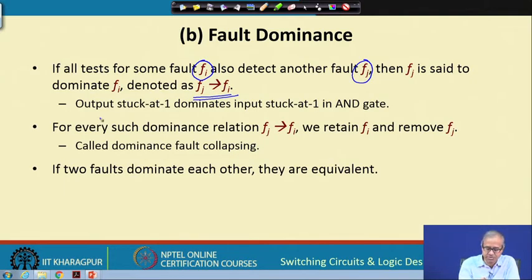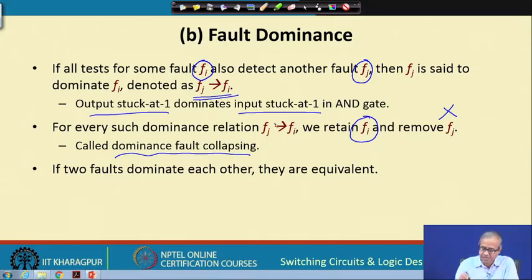I have an example I will show, like output stuck at 1 for an AND gate dominates input stuck at 1. Whenever such a dominance relation is there, we will keep F i and we will delete F j. This is called dominance fault collapsing.